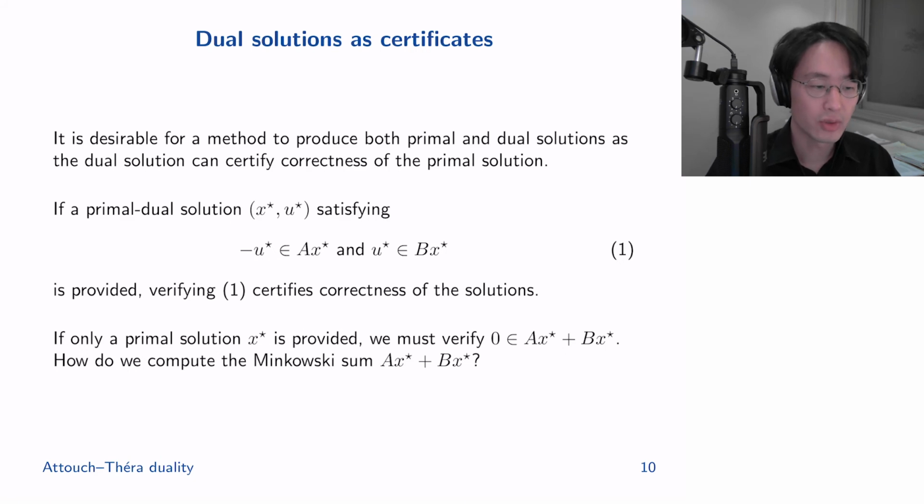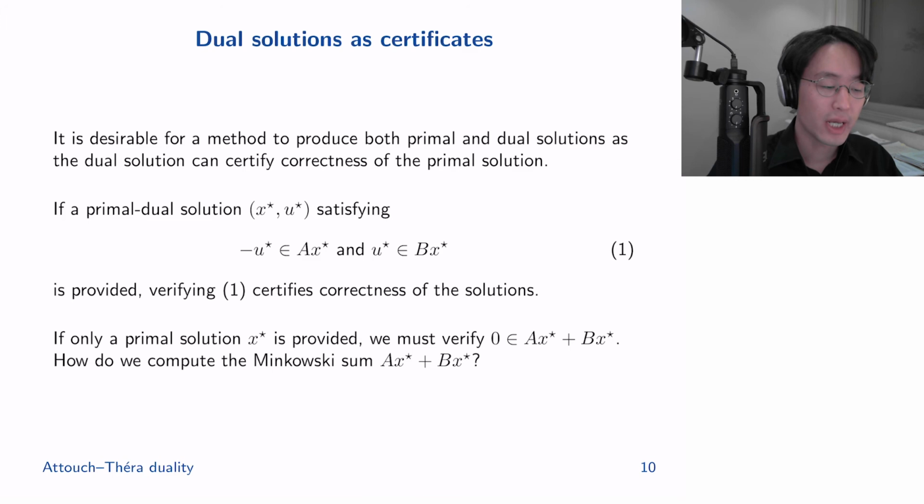Why do we care about dual solutions? Well, one use of them is that they serve as certificates. When you have an iterative method solving a monotone inclusion problem, it is desirable for the method to produce both primal and dual solutions in the end, as dual solutions can certify the correctness of a primal solution.